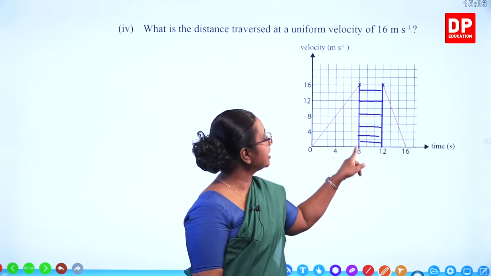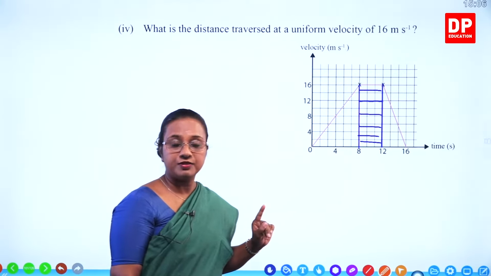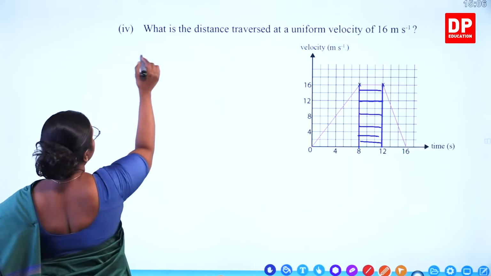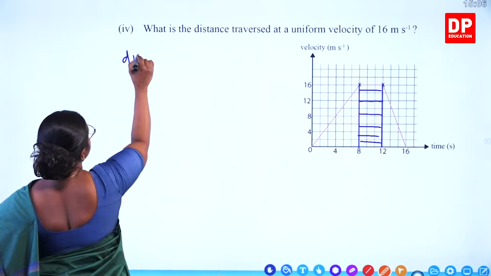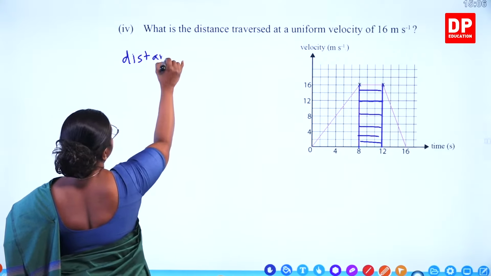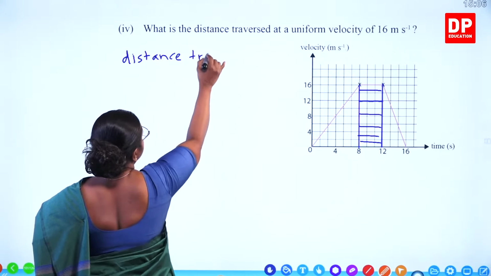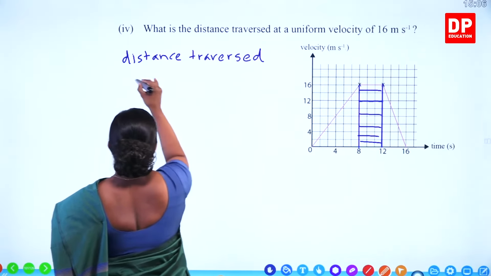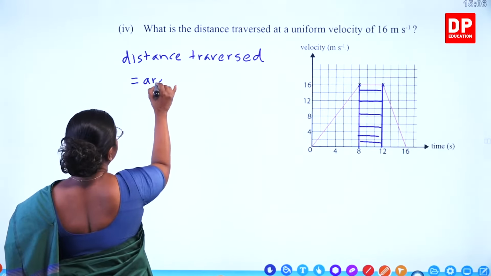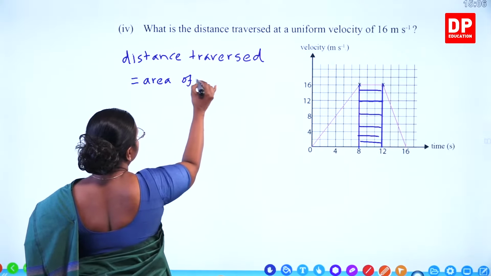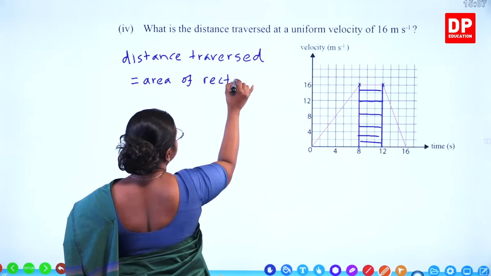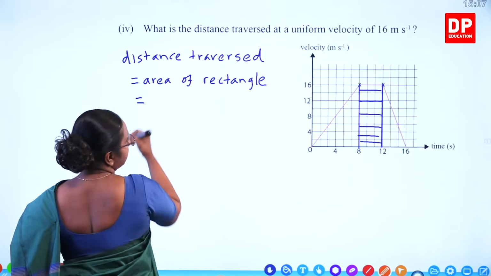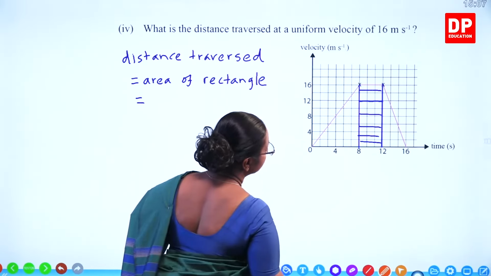So the area is going to be the area of the rectangle. Here we can say distance traversed equals the area of rectangle, that is equal to the length into breadth.